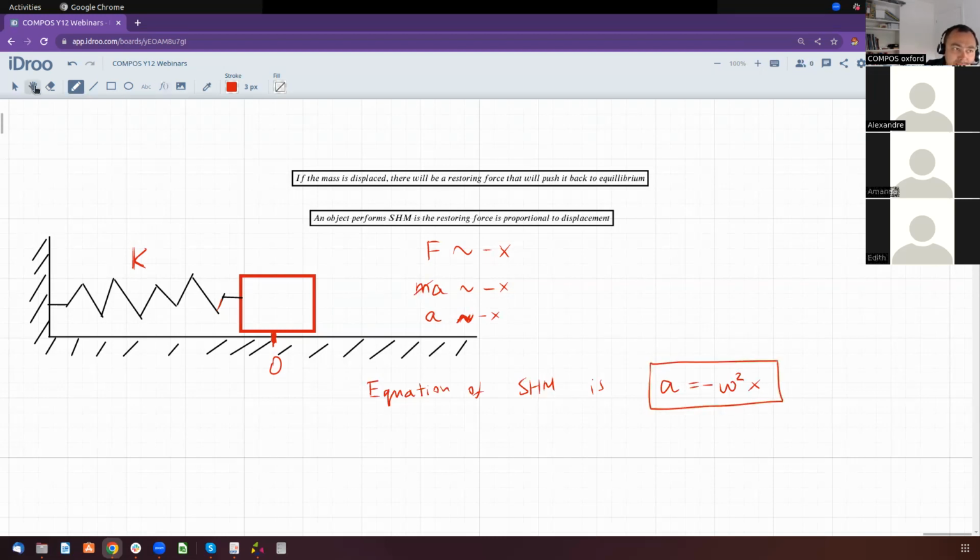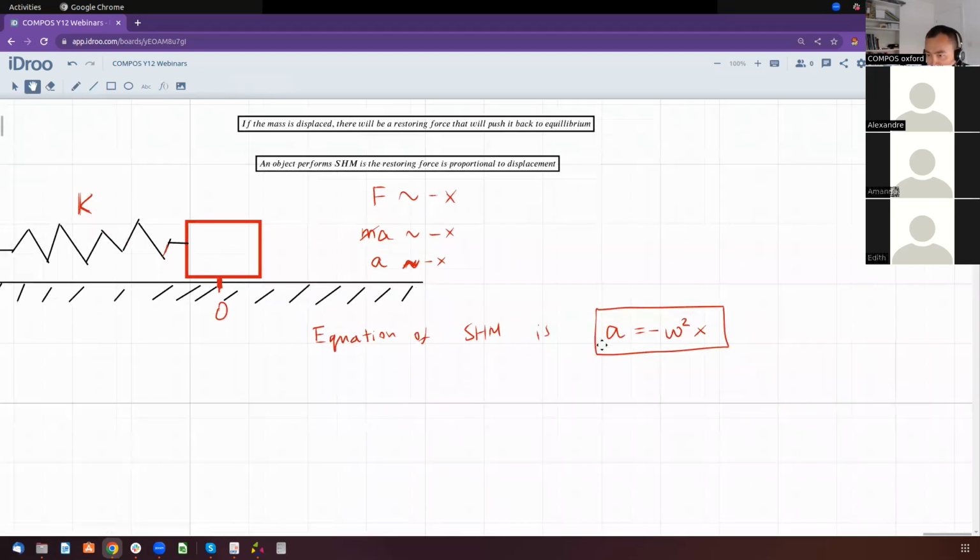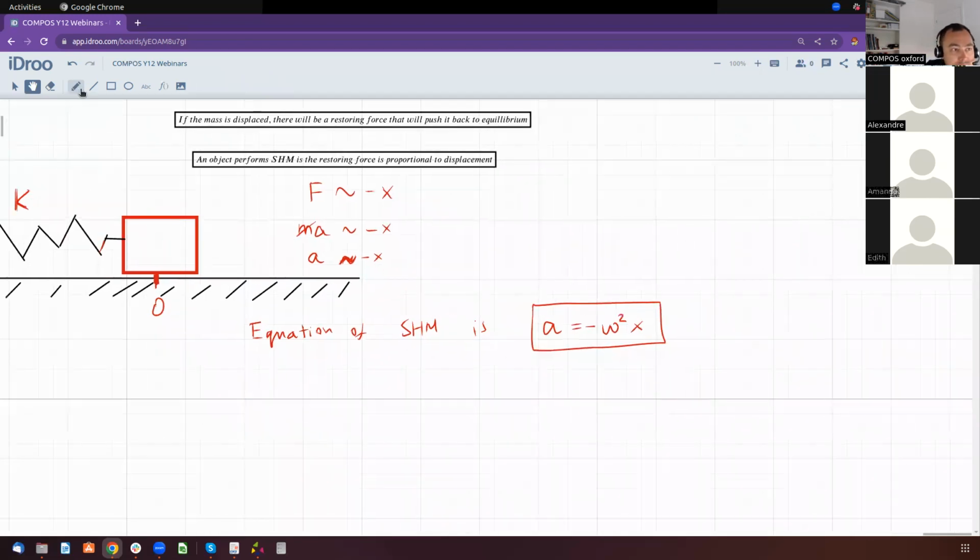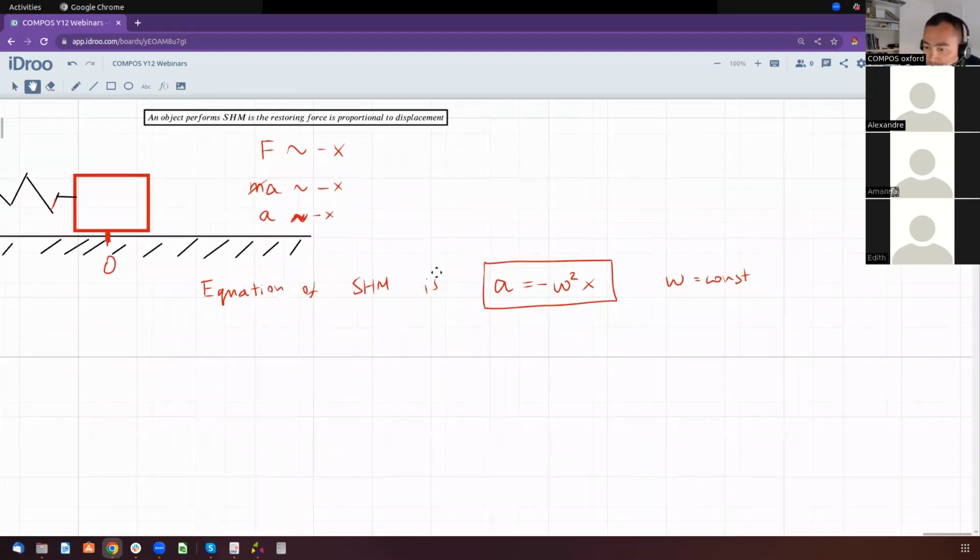Omega squared just ensures that it is positive. Now, this omega is not a random constant. It has a meaning, of course, and the meaning is angular frequency.